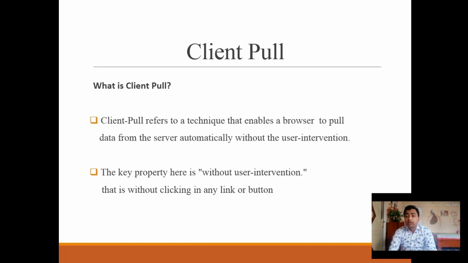By clicking a link or a button, we can get data or refresh a page, but without clicking any link or button, it can be done. That is the method known as client pull. Again I am repeating: it refers to a technique that enables a browser to pull data from the server automatically without user intervention. That means without the user doing anything, the data will be automatically pulled or refreshed.